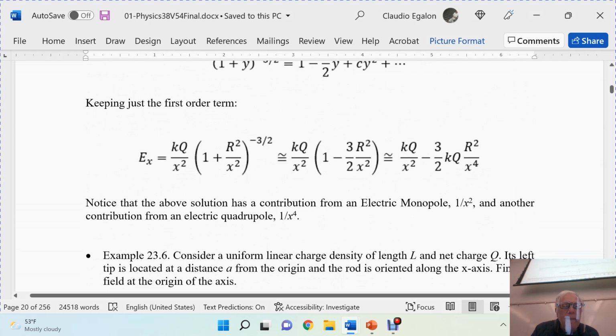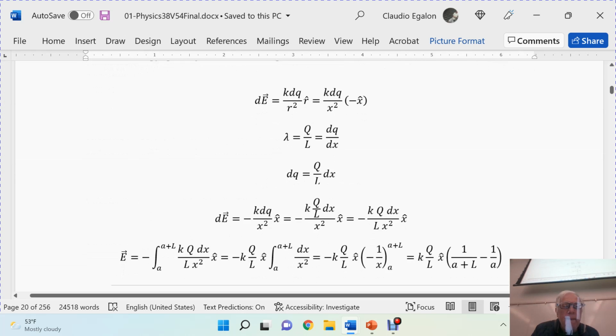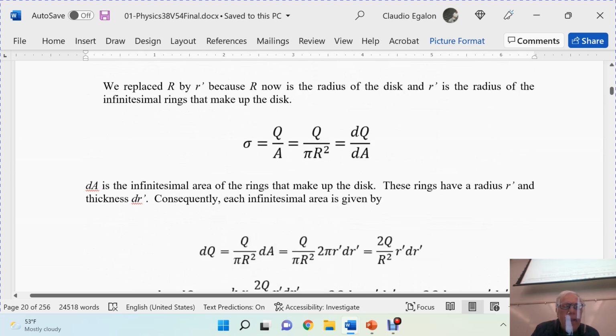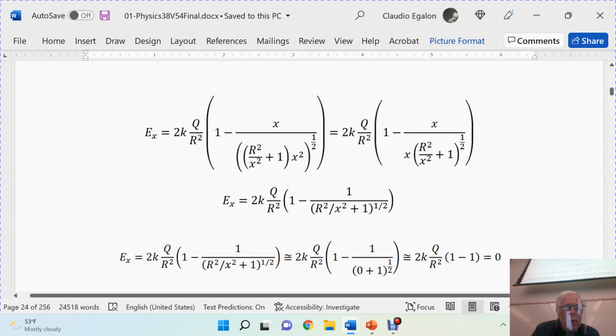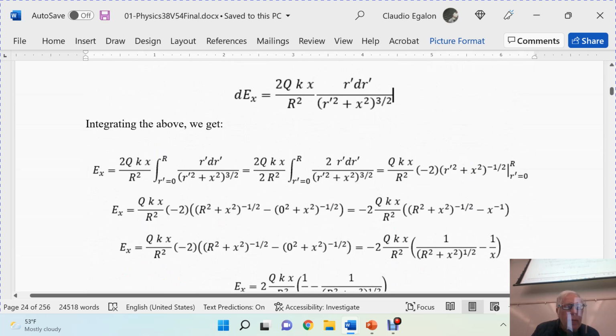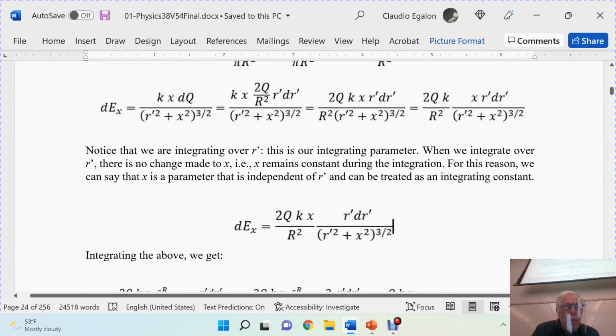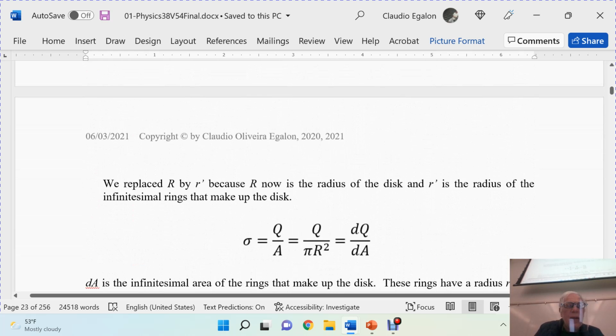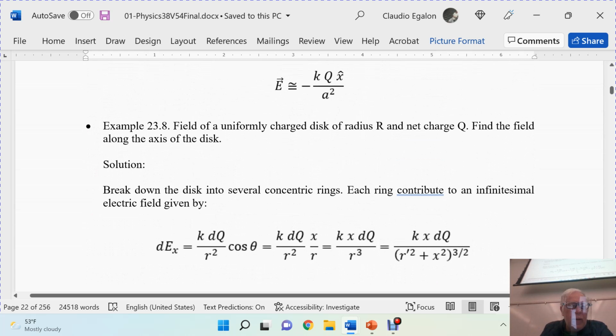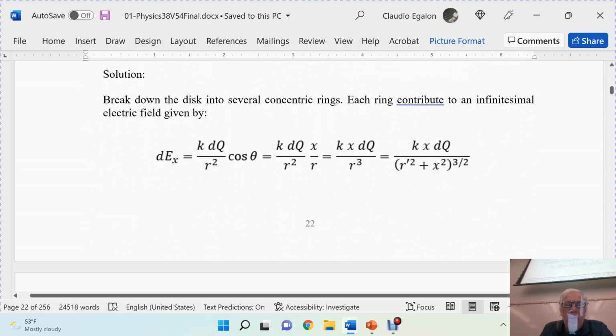That's the linear charge distribution. This one here should be the disk.